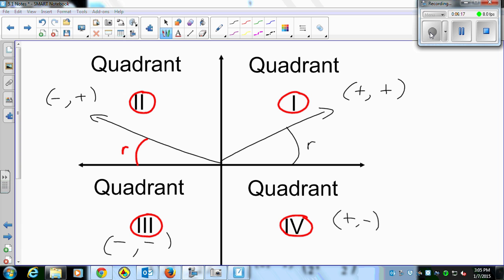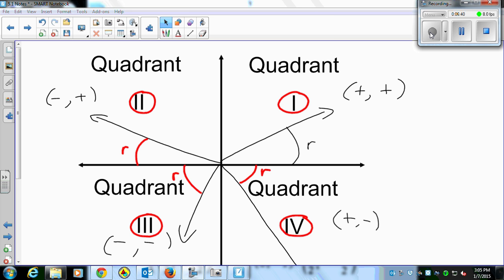If you have a quadrant 3 angle, your reference angle is your shortest angular distance to your x-axis, so this would be your reference angle. And again, for quadrant 4, your reference angle is the shortest angular distance to the x-axis. So reference angles will be important along with our quadrants.